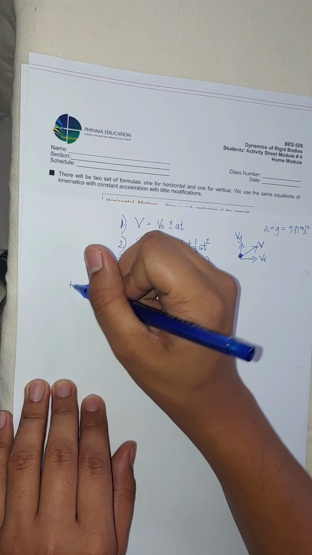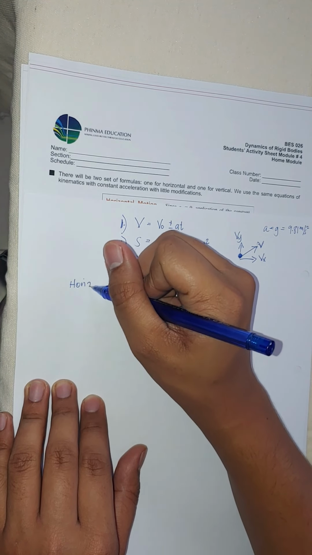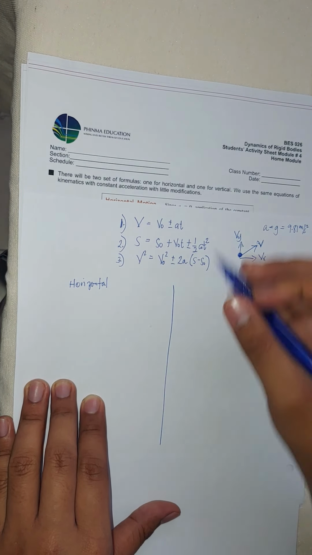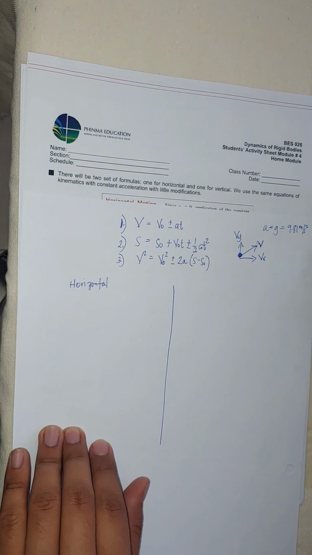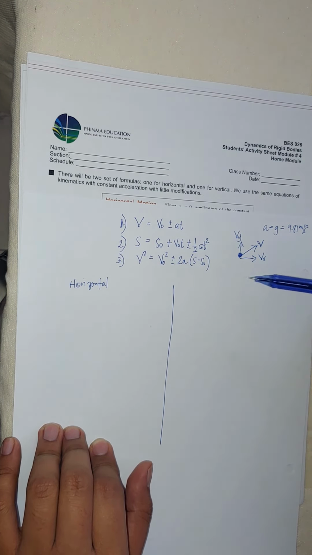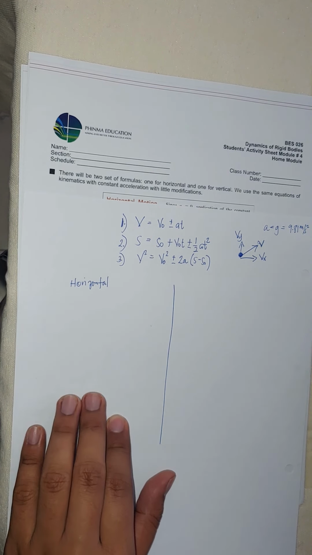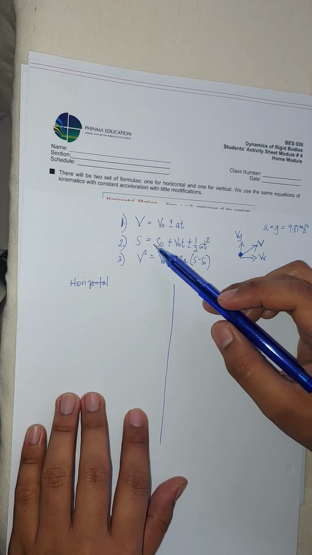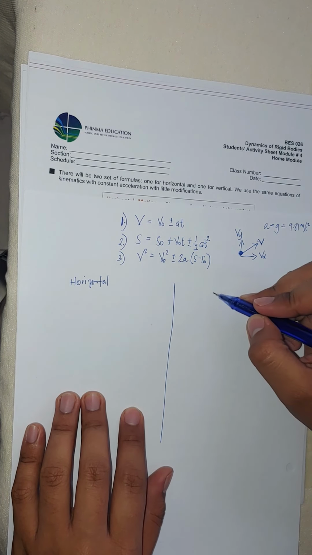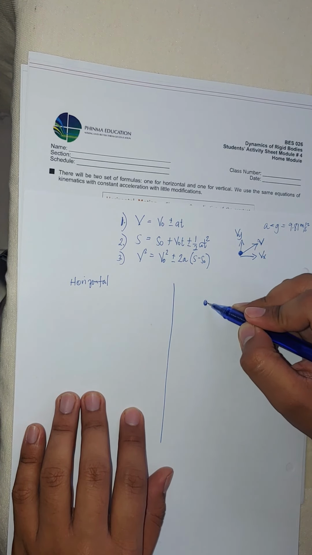So let's first get the horizontal component equations. From these equations we can come up with the equation for each of the components, the horizontal and the vertical.